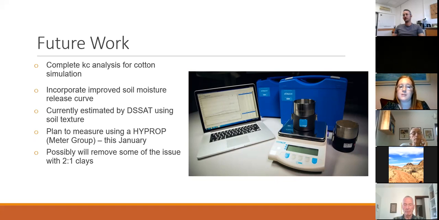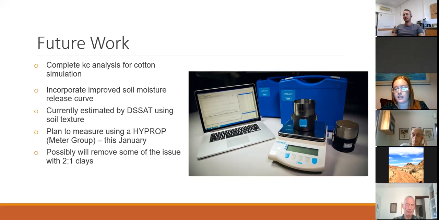I'm anticipating that what we actually calculate will be a bit different than what was simulated through DSSAT, just because we have a 2-to-1 clay, and the vertisols that we have can act a little bit differently with a soil moisture curve. So that I think will be interesting and will hopefully improve some of the model when we incorporate that into the model.